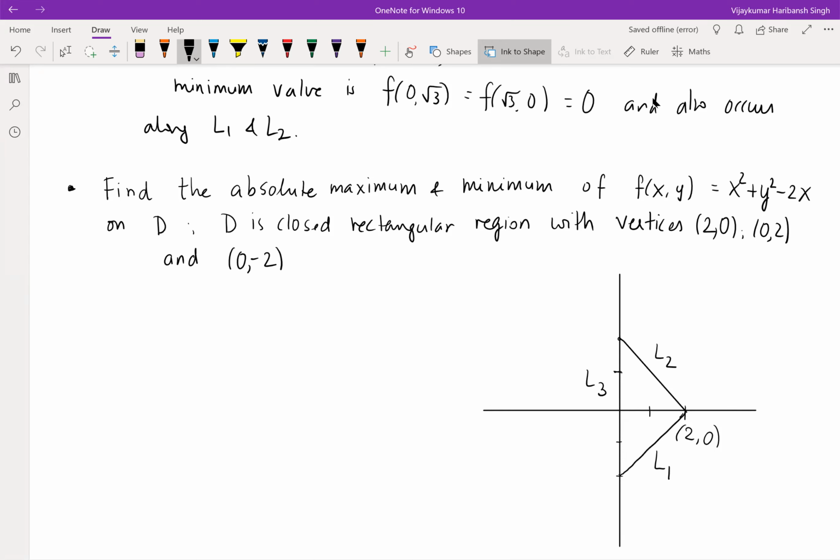So let's proceed with this. So first of all, step 1, find critical point of f in interior of D.